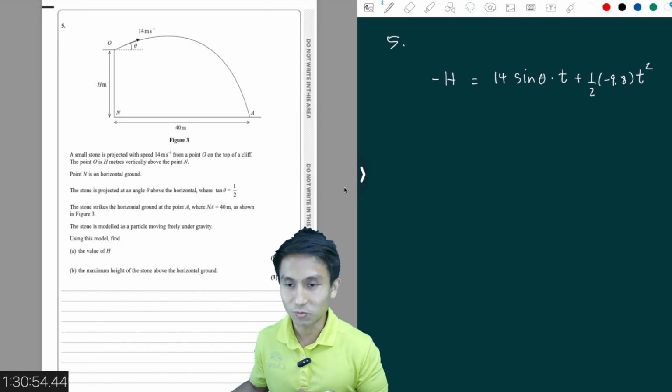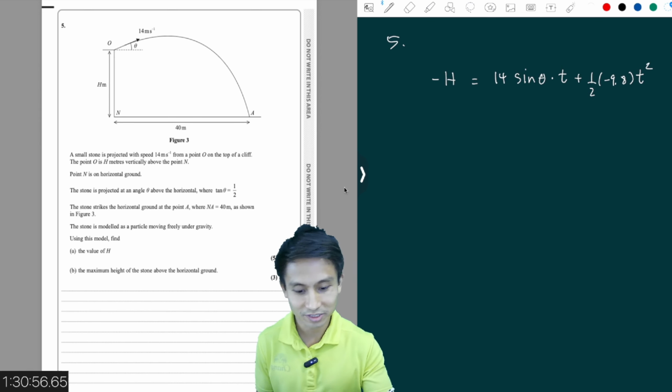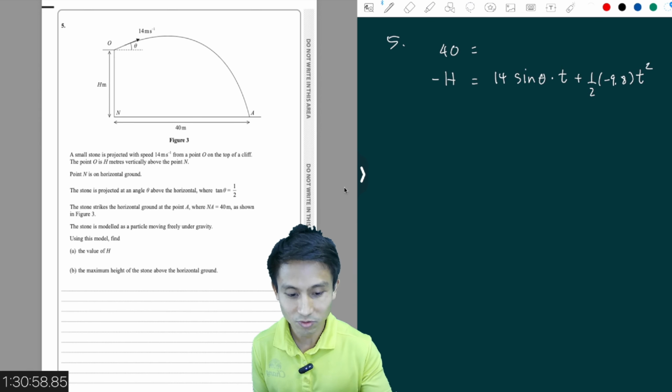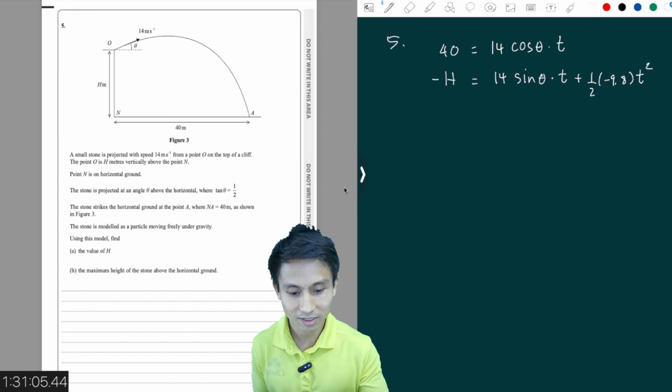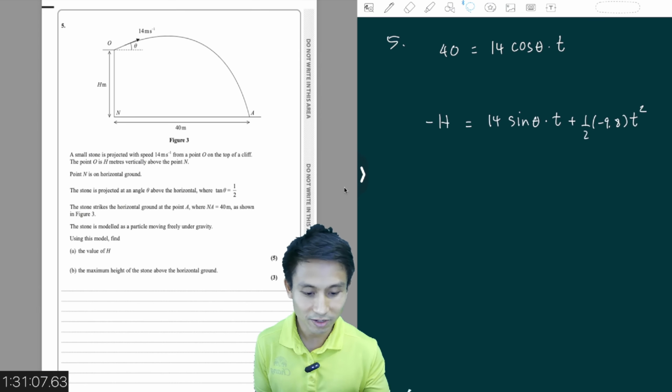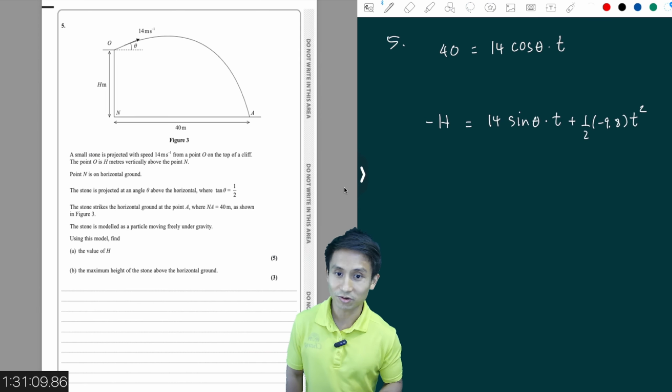And then we should have done the horizontal first. 40 equals U, which is the speed on the horizontal, 14 cos theta times T. So the horizontal information will give us the T because we already know theta here.